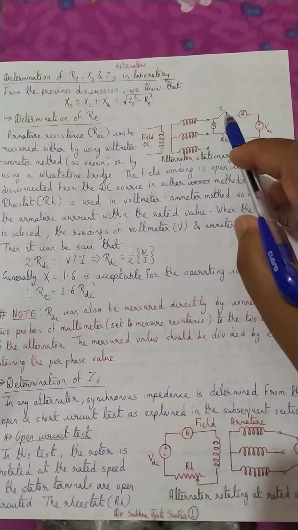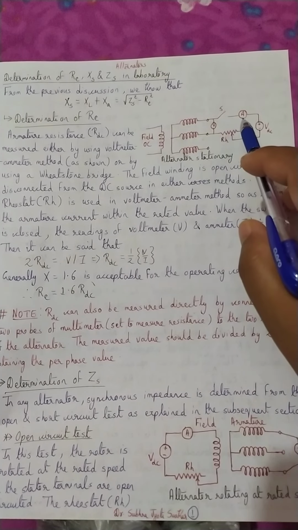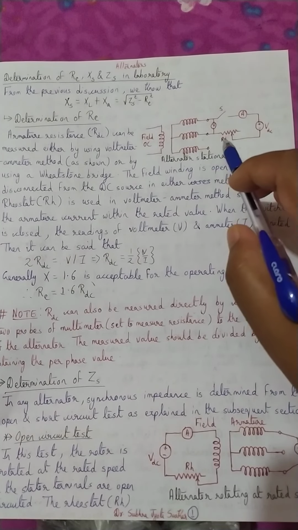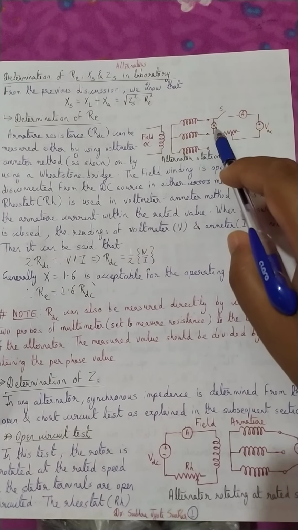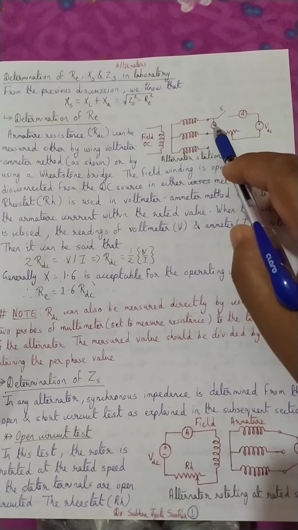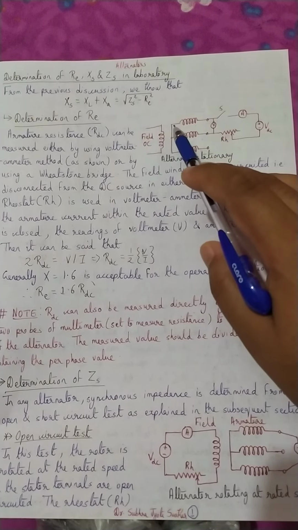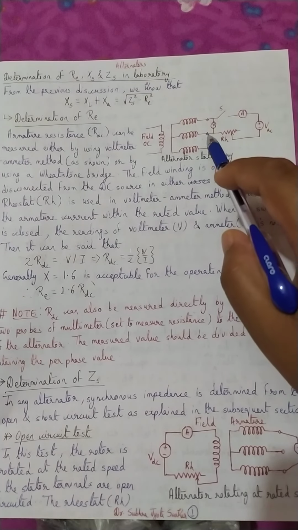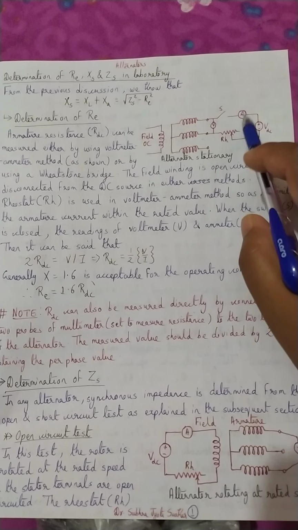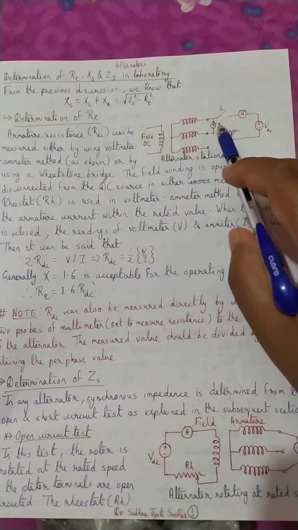Now when the switch is closed, a finite amount of current is passing through it. We would be measuring the voltage across these two points. Let V be the voltage and I be the current reading.